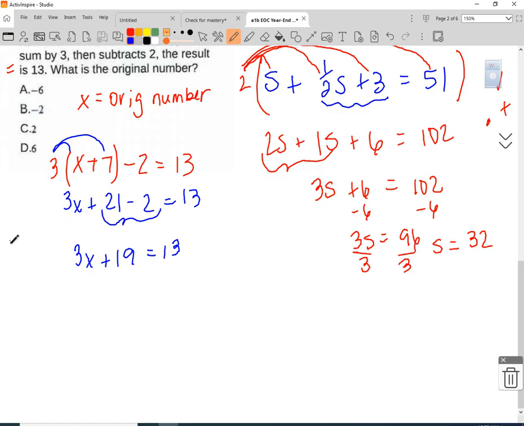Now we're undoing multiplication and addition again. Let's undo our addition first. Undo multiplication by dividing. And you see that x is negative 2. And we're going to check it.